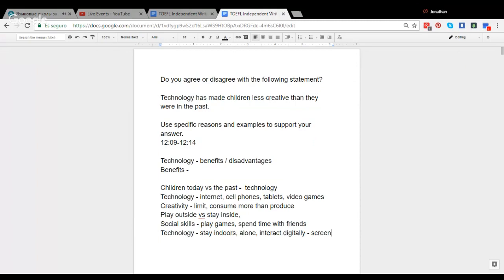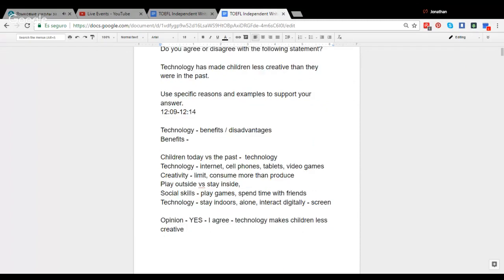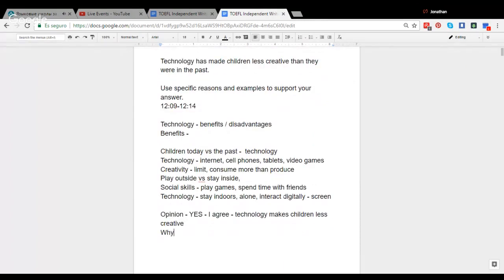So I guess I might tend towards, so at this point, I really need to start making my opinion. So my opinion is, yes, I agree. Technology makes children less creative. Now I'm getting into my reasons. Well, why? Okay, one, they consume content on a screen.